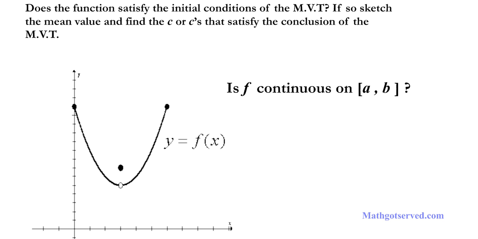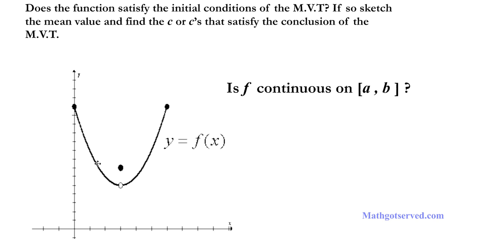All right, so let's take a look at this graph right here. Does it satisfy the initial conditions of the mean value theorem? Continuity is the first condition. Is this graph continuous on the closed interval AB? The answer is no. There is a removable or point discontinuity at this x value here.